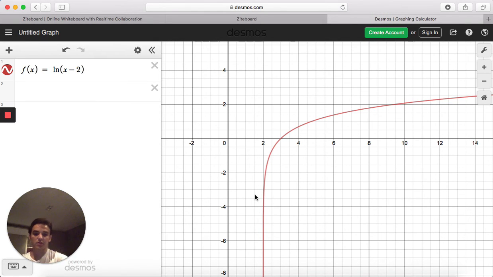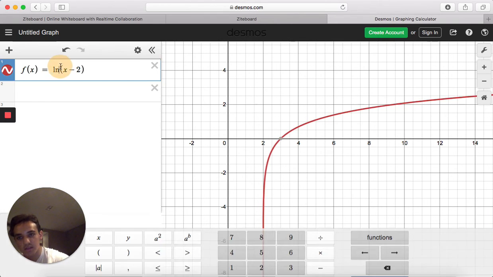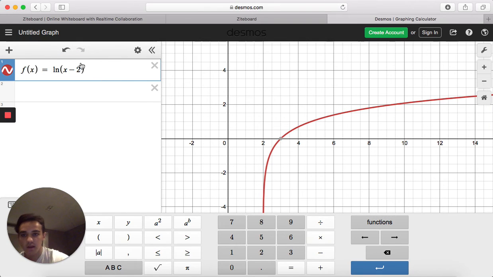As you see, it is basically the same parent graph we graphed first, except it's shifted 2 to the right. This is similar to other graphs we've done, so it's inside the brackets, and so it'll be shifted 2 to the right because the sign changes inside the brackets.